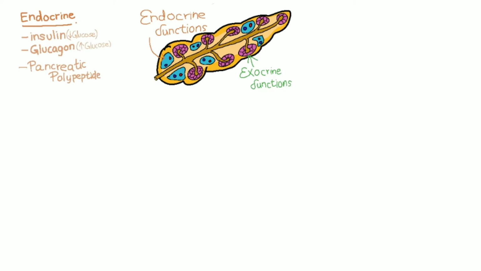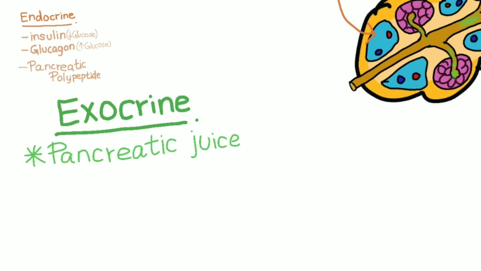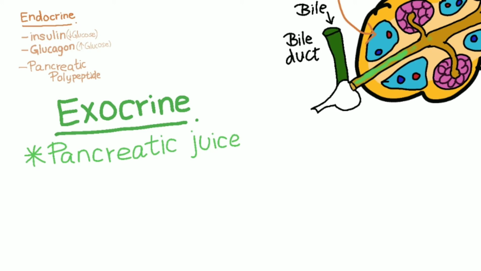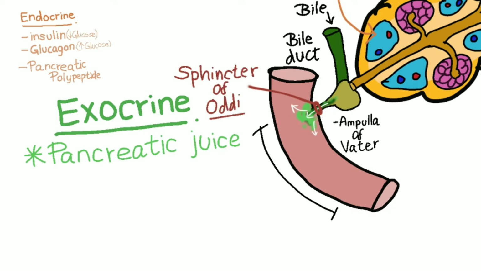The main exocrine function is to secrete the pancreatic juice. The pancreatic juice is carried away by the pancreatic duct, which mixes with the bile from the gallbladder at the ampulla of Vater. It is then released at the sphincter of Oddi into the duodenum.